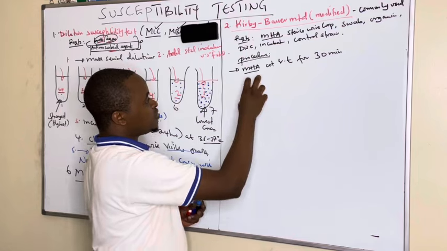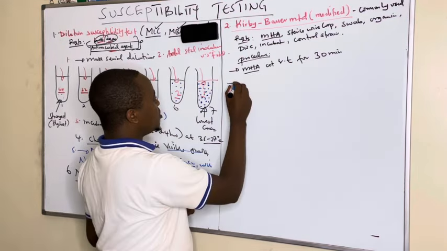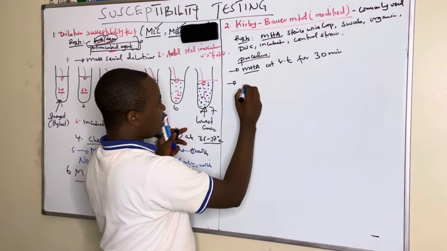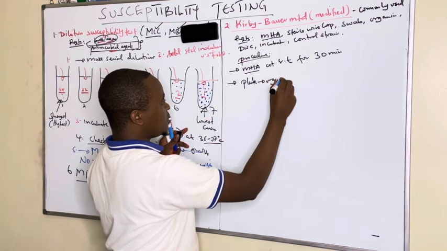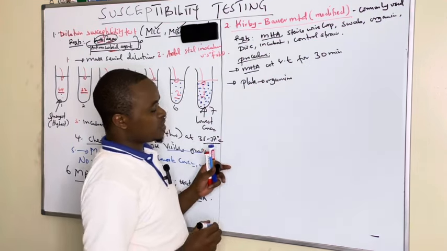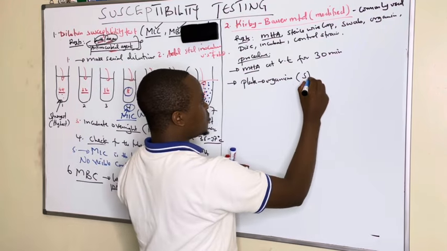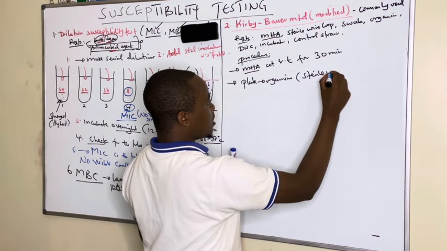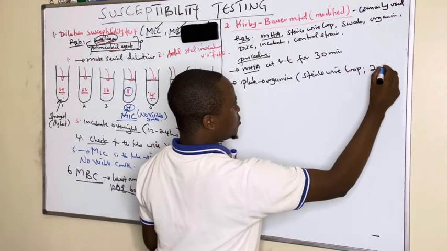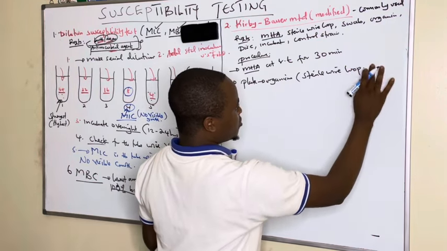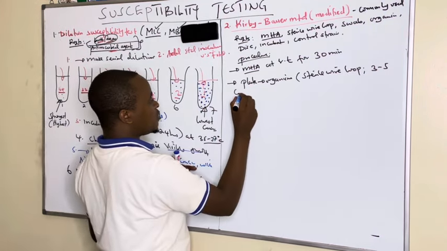And after the Mueller-Hinton agar is ready to be used, we shall obtain our plate with the organism to be tested for susceptibility, and we shall use a sterile wire loop and touch 3 to 5 colonies.